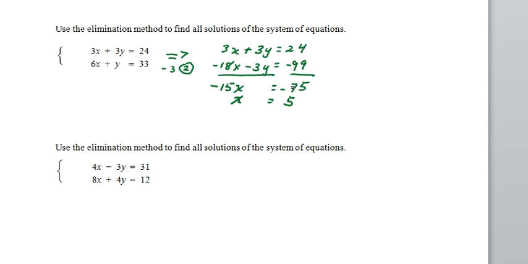And now we can substitute x equal to 5 into either of the equations. I'm going to substitute x equals 5 into the first equation.